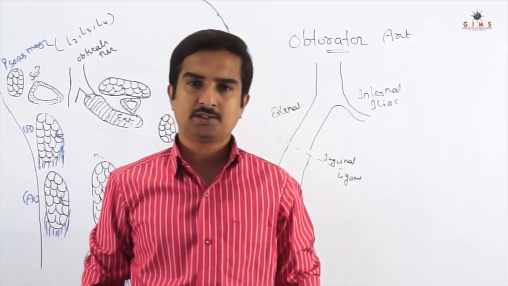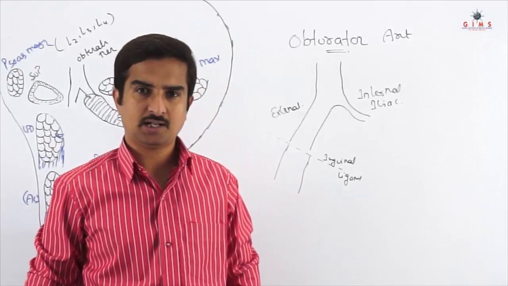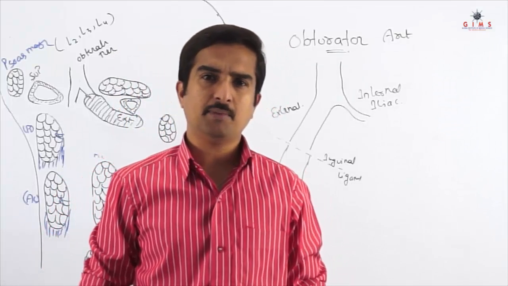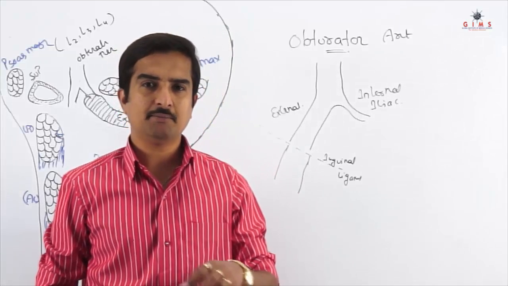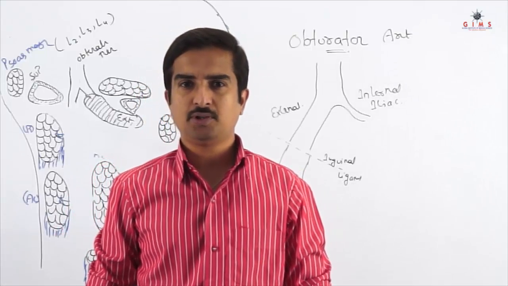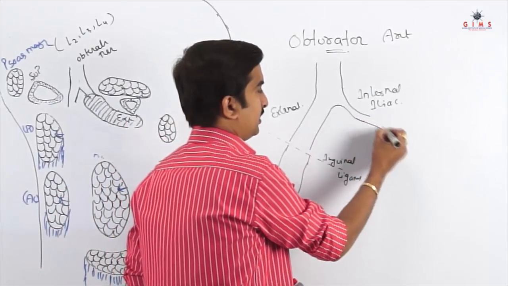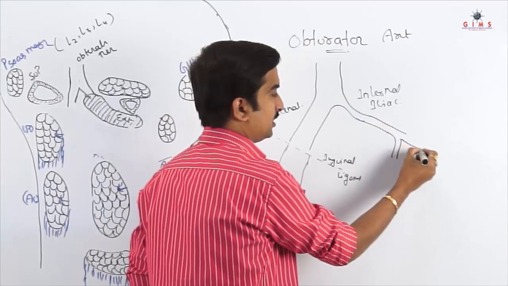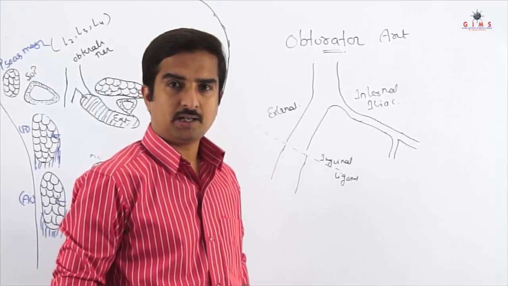It has many branches like the gluteal arteries, sacral arteries, and pudendal artery. But in the medial compartment of the thigh we are going to discuss only the obturator artery, a branch of the internal iliac artery.